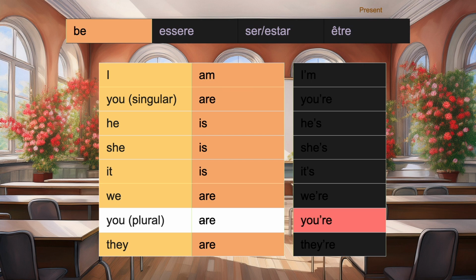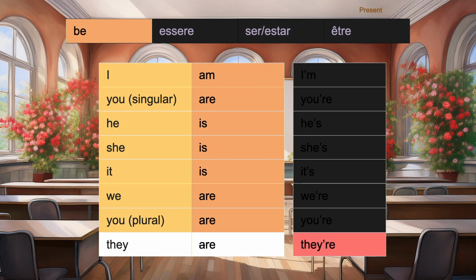We've done this before. So instead of saying you are, you can just say you're. Finally, let's look at they are. Instead of saying they are, you can put the two words together, delete the A, add an apostrophe, and say they're.